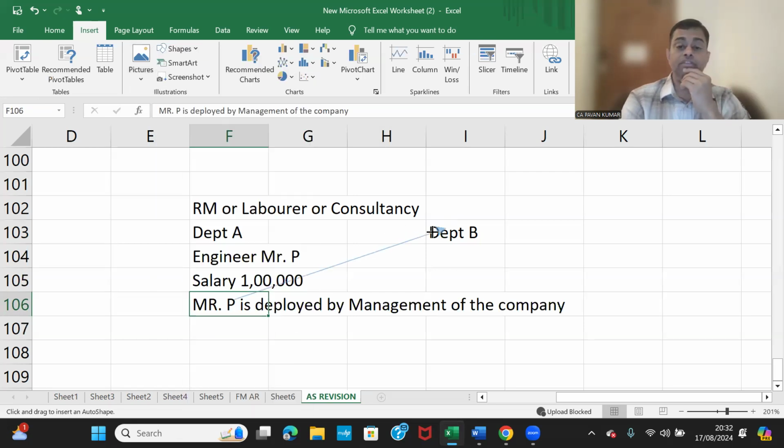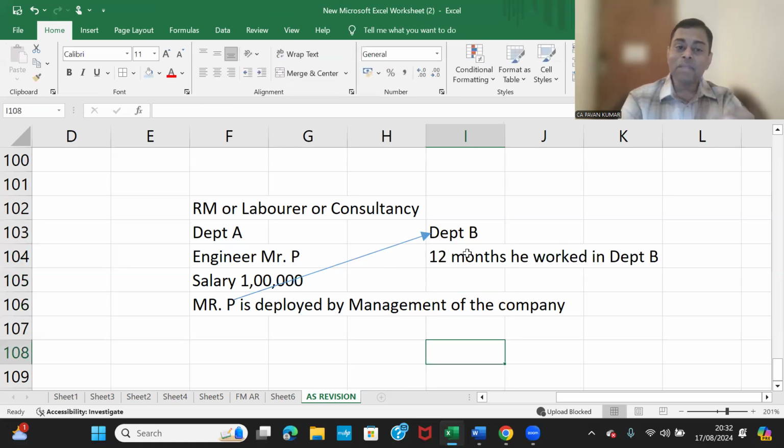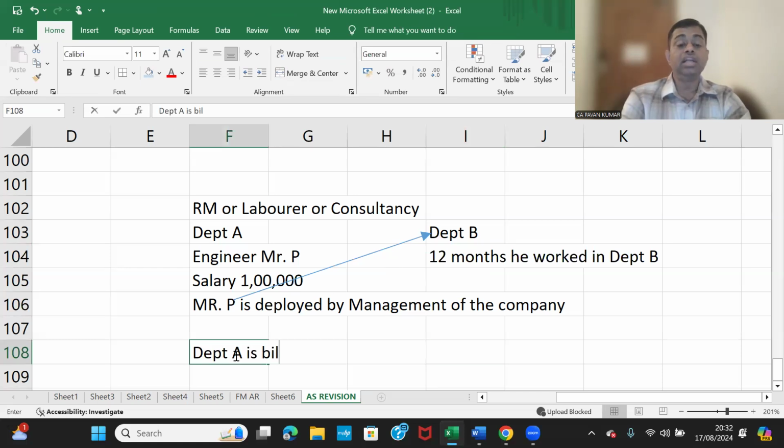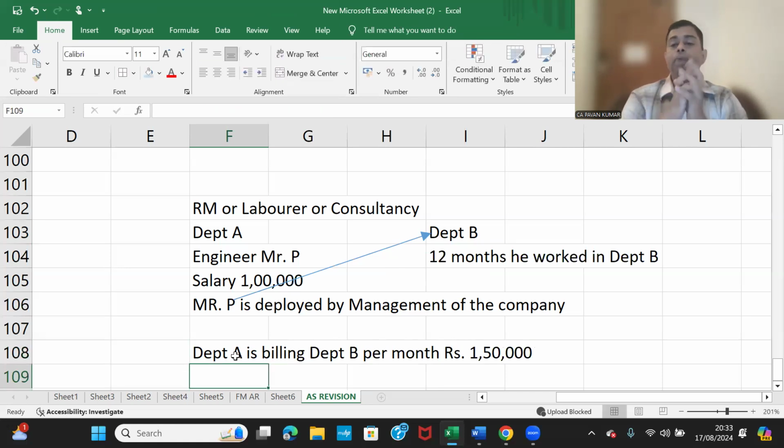So 12 months he worked in Department B. But his salary will be given by Department A only, and he will be getting 1 lakh only. But for internal purpose, Department A is billing Department B rupees 1,50,000 per month.